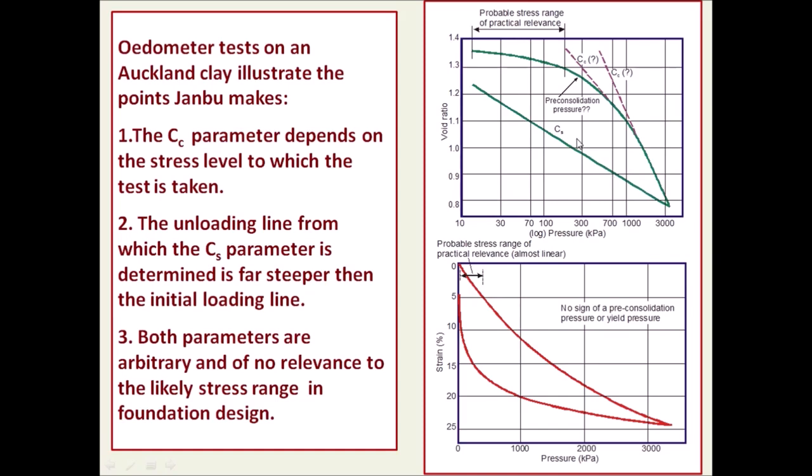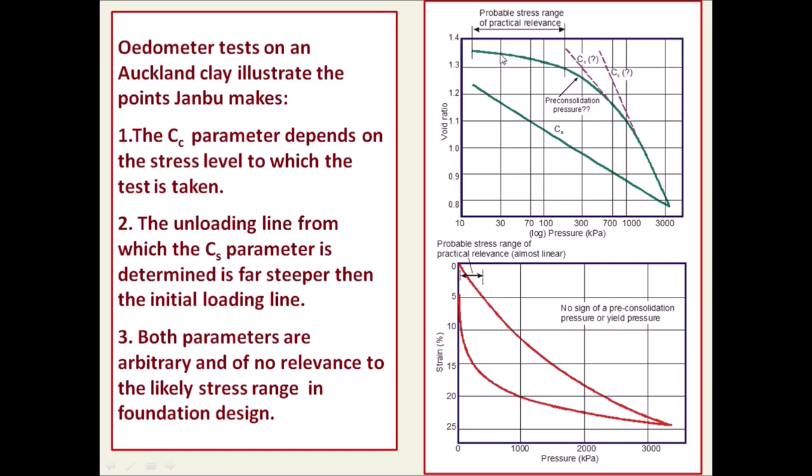The stress range you're likely to be interested in when designing a foundation on a residual soil in particular, or soil of this type, a moderately over-consolidated sedimentary soil, is probably 100, 200, maybe 300 kPa. So that's the compressibility of the soil that you're interested in here. So those two coefficients are totally irrelevant and completely useless as far as doing an estimation of settlement is concerned.